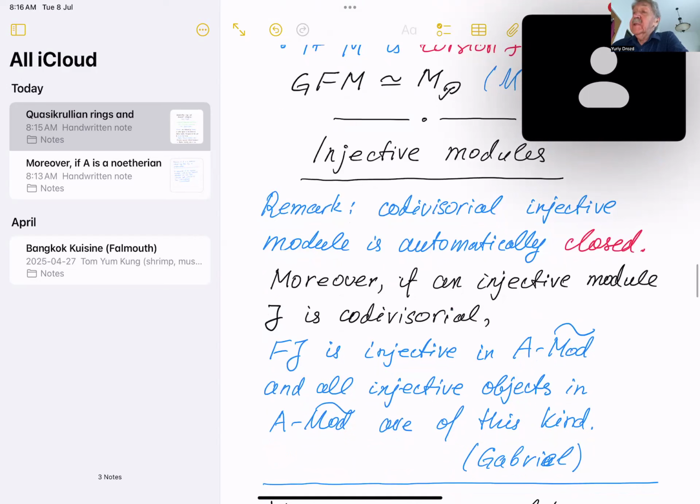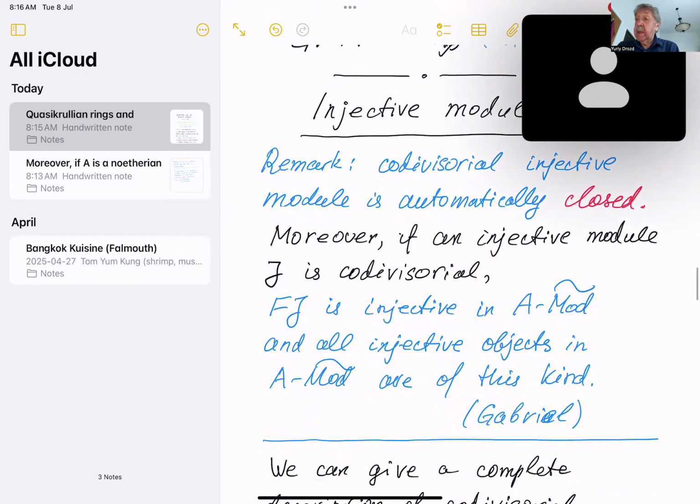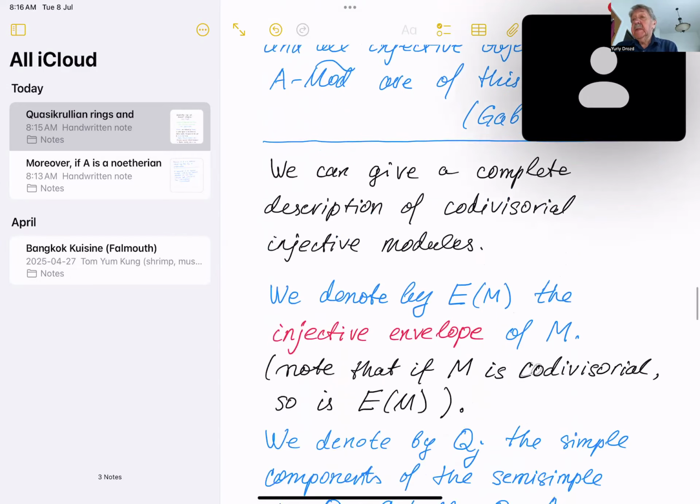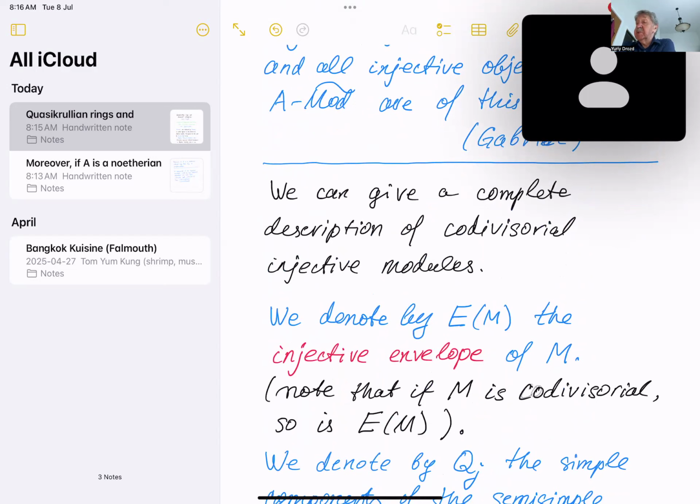Moreover, if an injective model J is codivisorial, then its projection to the tilde category is also injective, and moreover, all injective models in the tilde category are of this kind. It is also proved in this abelian category by Gabriel. Now we can give a complete description of divisorial injective models and hence of injective objects in the tilde category.